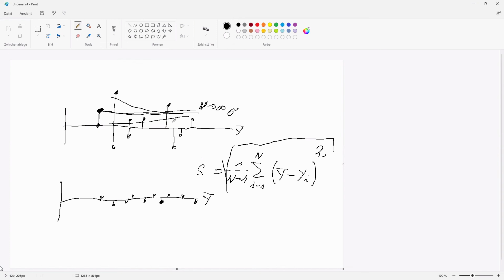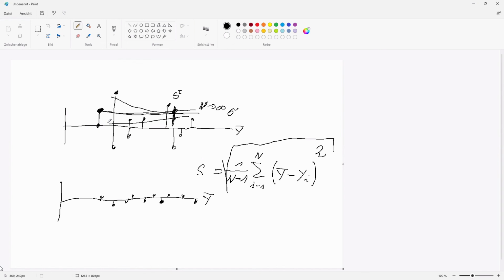If you cut it here, you get the empirical standard deviation. And the empirical standard deviation has a plus minus, depending on how many measurement values you have.